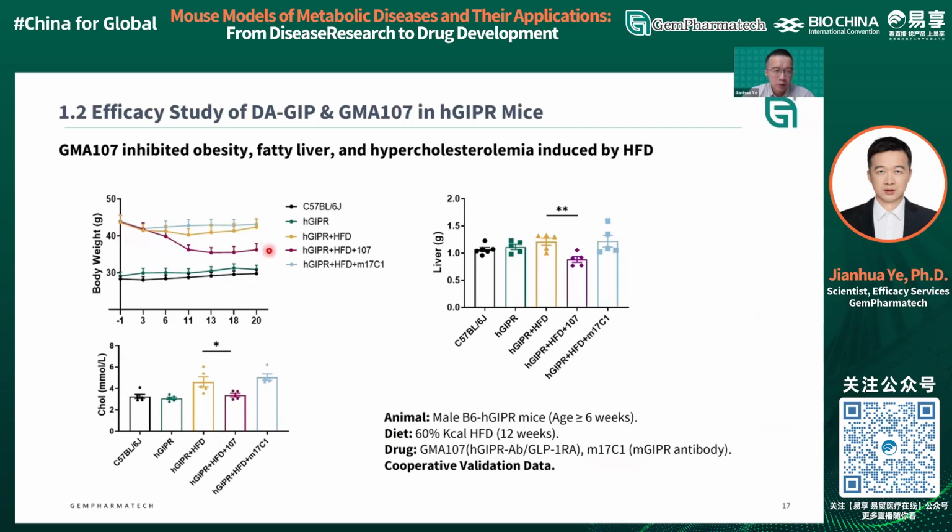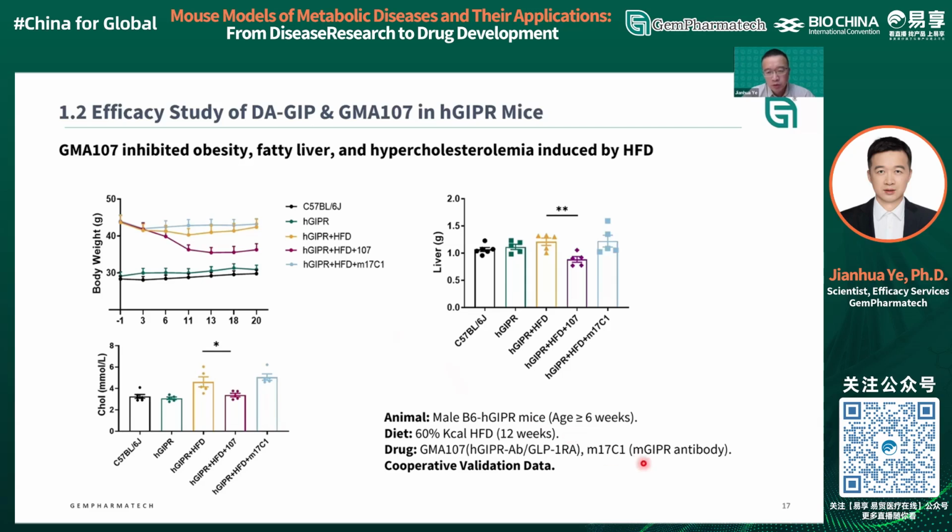If we treat the mice with the human GIP receptor antibody, the body weight of the mice decreased, but the negative control of the mouse GIP receptor antibody does not have this effect. We get a similar result on the liver weight and the cholesterol level. So this proves that only the antibody targeting the human GIP receptor functions well in our humanized mice.